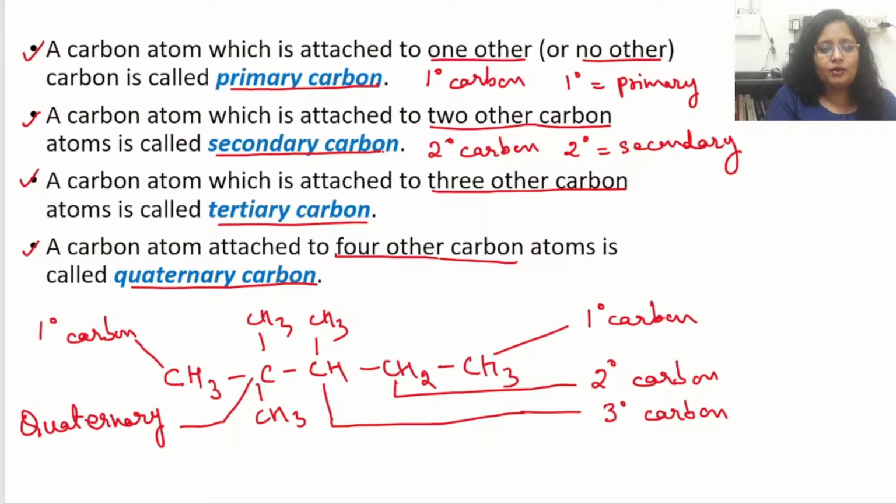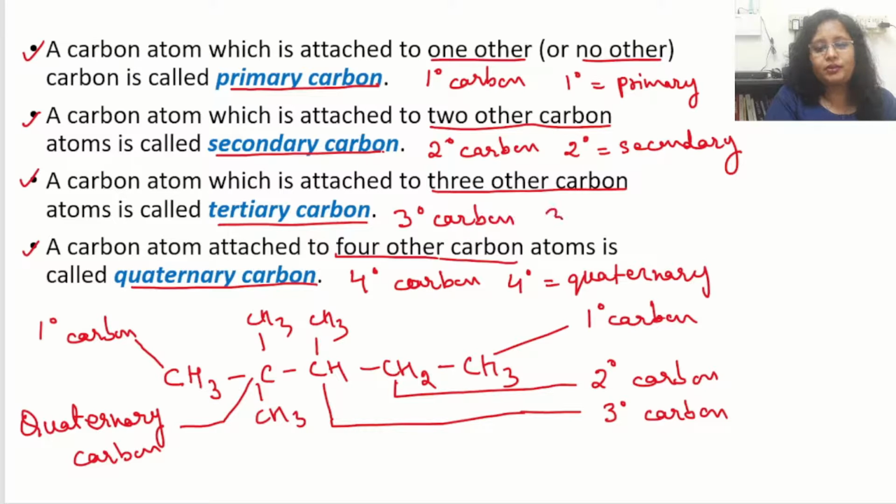Quaternary carbon, or we can say 4 degree carbon. Here 4 degree means quaternary. And tertiary carbon is shown as 3 degree carbon, where 3 degree is tertiary.